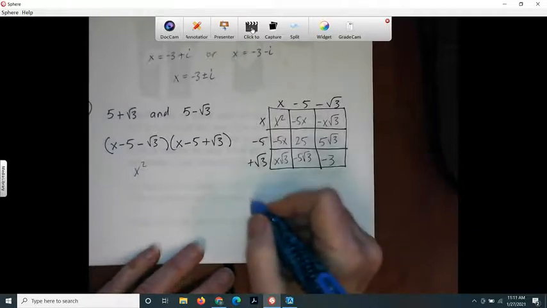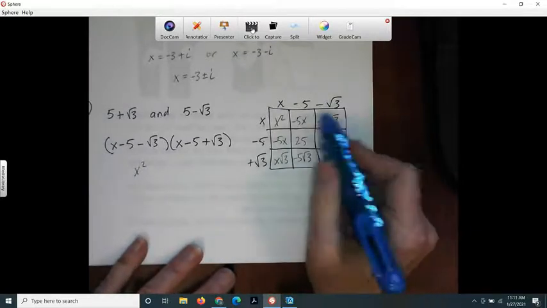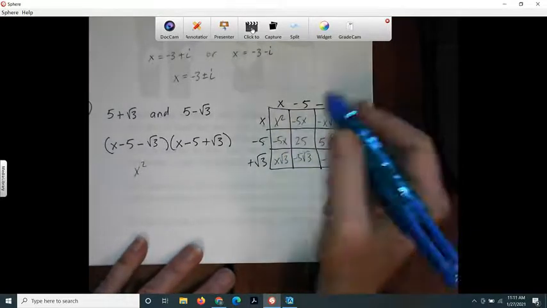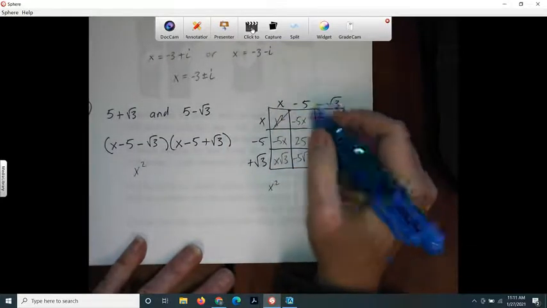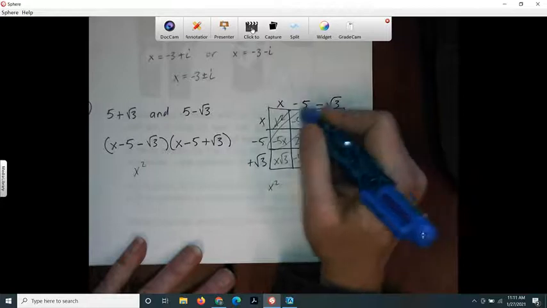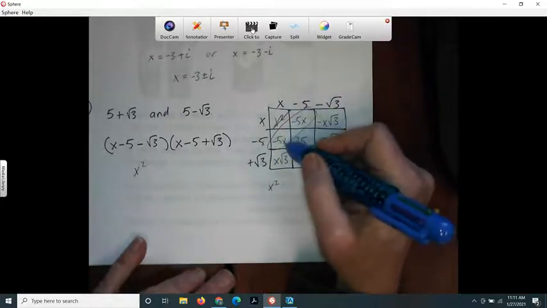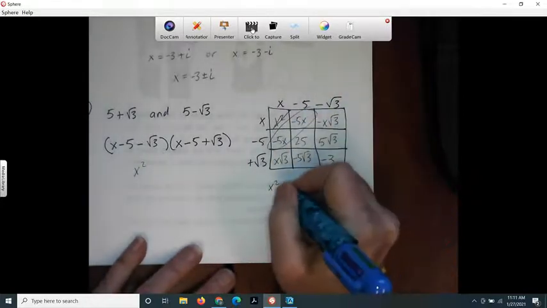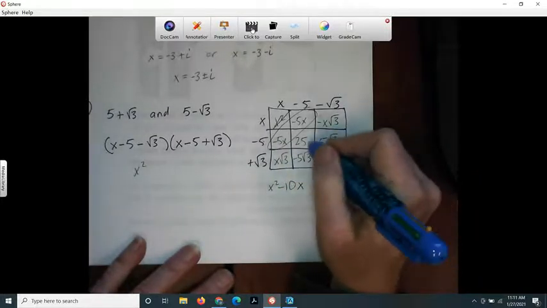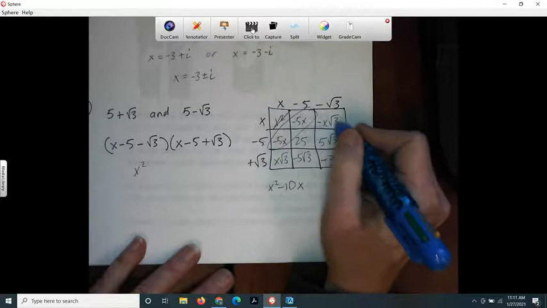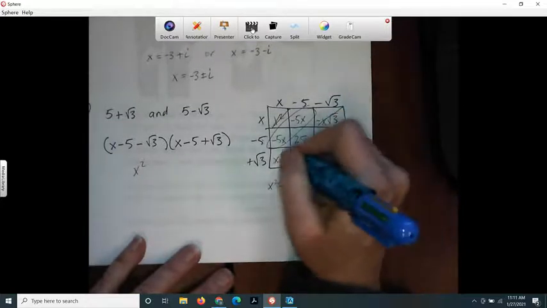Then I go down here and combine like terms. There's an x squared, so I'll write that down. And then I look diagonally for the things that might cancel out. Negative 5x and negative 5x, that's negative 10x. And then I usually save these two for last. But I look at here and here, I got a cancellation again.